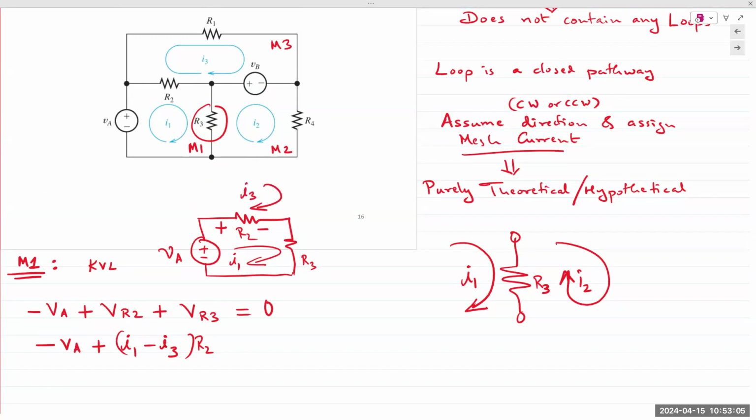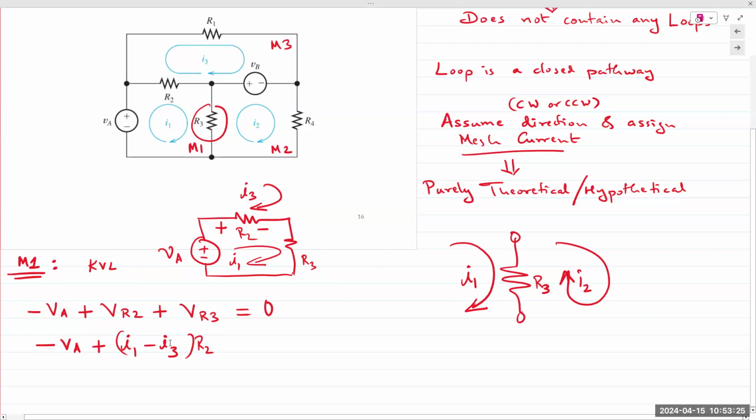I3 enters from the right, so it causes a voltage drop opposite to I1. If I chose I3 as counterclockwise, then it would be in the same direction as I1. Then it would become I1 plus I3.